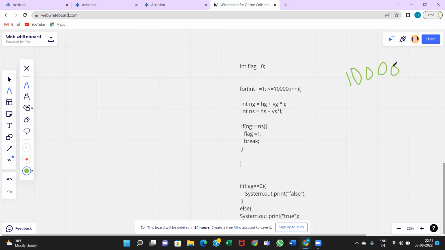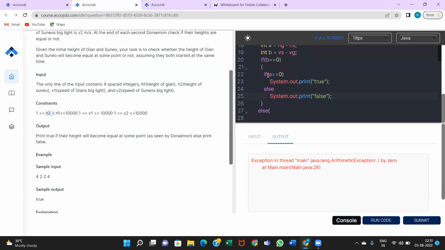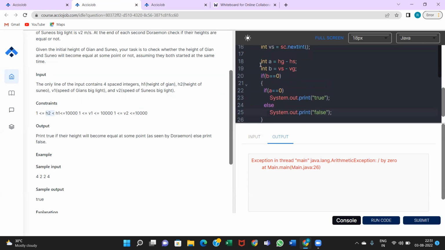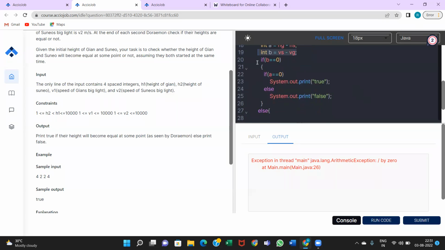Whereas in this part, it's O of 1. Only one time unit is required because you are just using if else cases. You are calculating value A, you are calculating B. It's O of 1, constant space. It is more efficient and accurate.